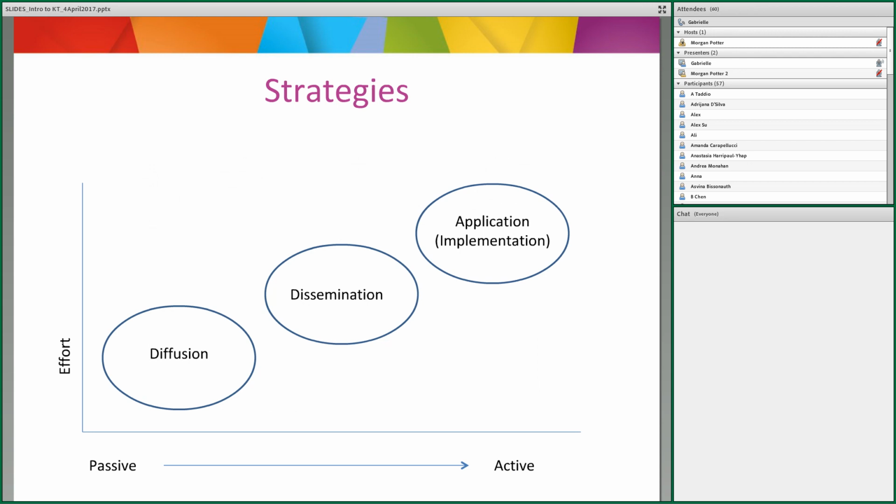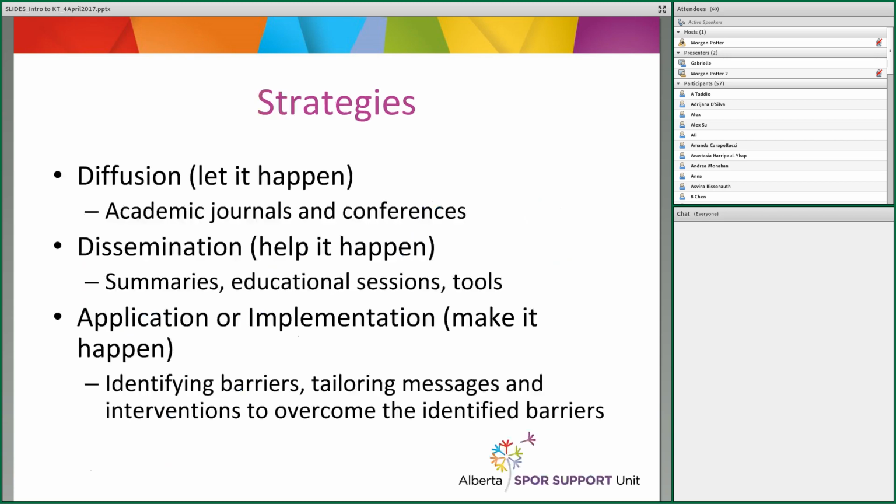The concept of end-of-grant knowledge translation incorporates a continuum of activities or strategies that can vary in their level of intensity from passive to active. And of course, the level of effort will increase as we move along this continuum. So diffusion is otherwise known as letting it happen, and this is our typical publishing in academic journals and presenting at conferences.